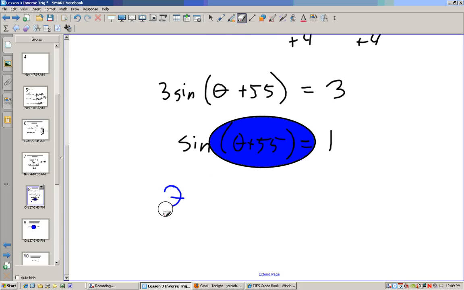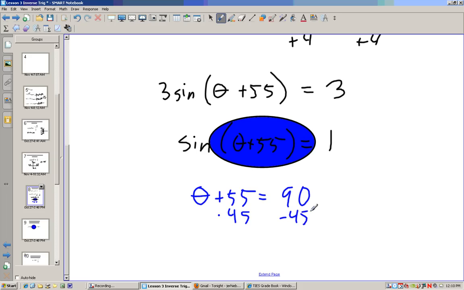So now what I have left is just theta plus 55 is equal to 90. So if I subtract 55 on both sides, now theta is going to be 35. So that is my only answer for this problem.